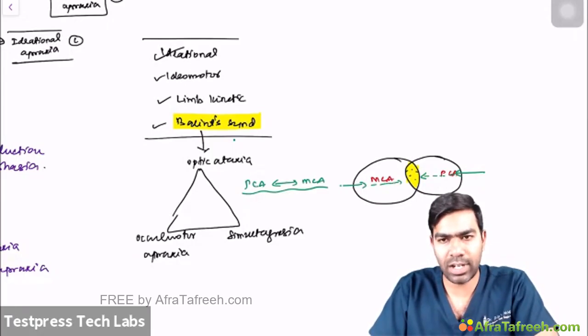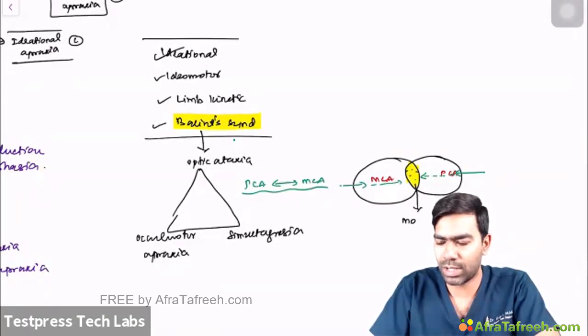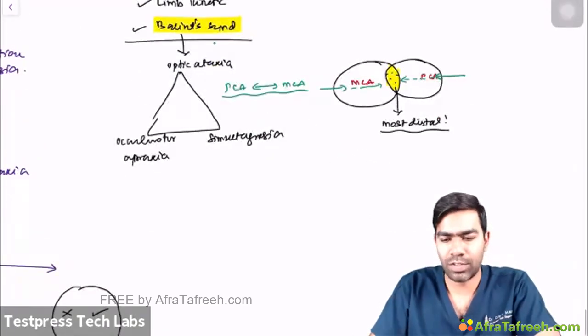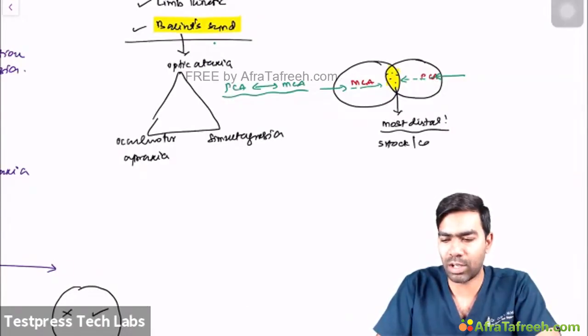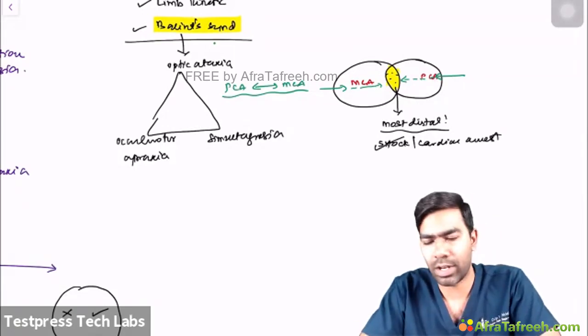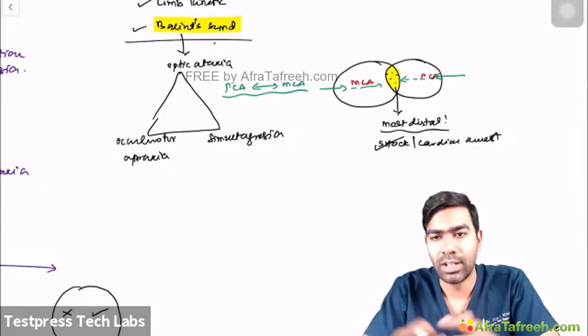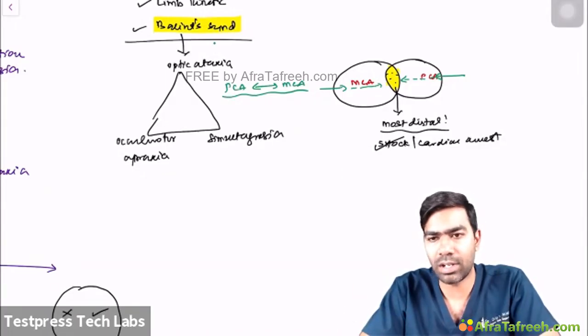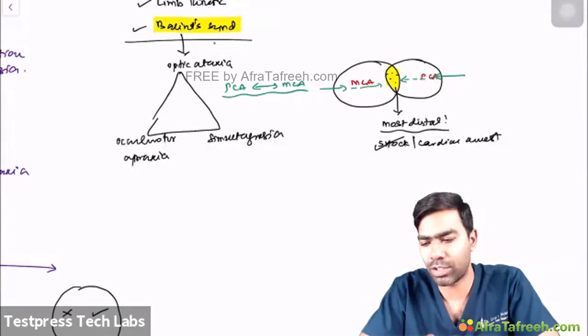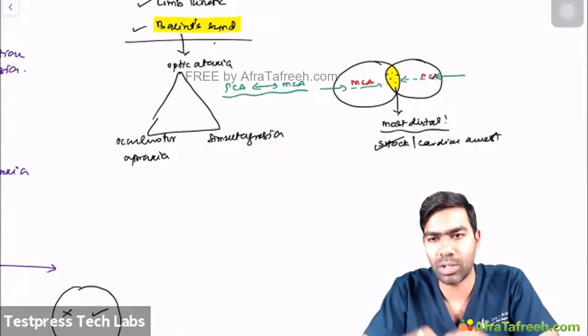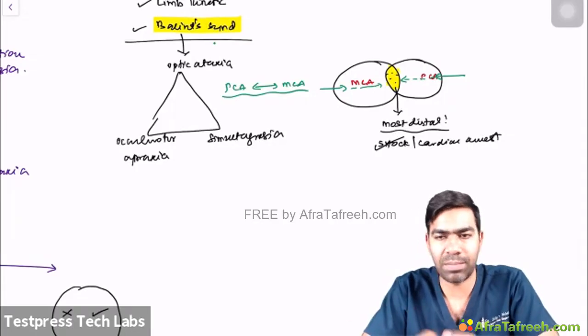But where this watershed area will go for infarct is because it is the most distal area to both the arterial supplies. So whenever you have a severe hypoperfusion state, like severe shock, especially in the setting of cardiac arrest, that is the place where your watershed areas will go for infarction, because they are located in the overlapping areas. So that's why you might get watershed infarcts in the setting of shock and cardiac arrest, which can result in something called Balint syndrome if the watershed infarct happens in the MCA-PCA overlap region.